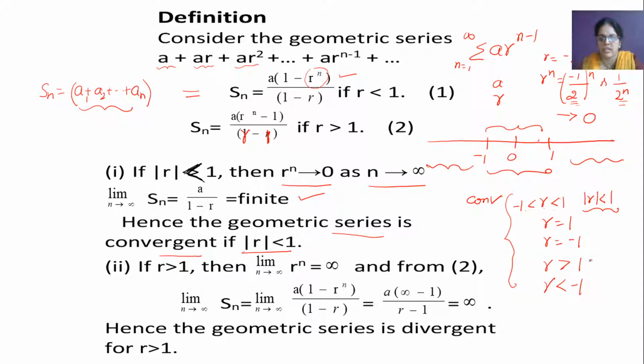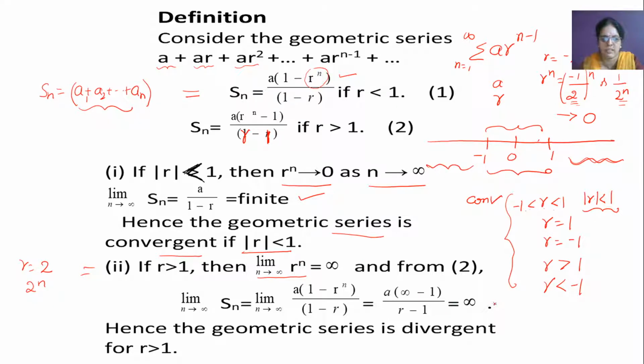Then if r is greater than 1, then limit n tending to infinity, r power n is infinity. For example, r is equal to 2. Then 2 power n, as n tends to infinity, is clearly infinity. So substituting here, this is a into infinity minus 1 divided by r minus 1.